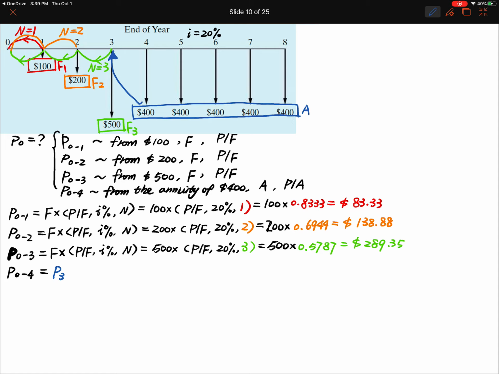And then once you have that P3, you can convert that P3 to P0. The way you convert P3 to P0 is to use that P3 as a future value and convert that future value to P0.